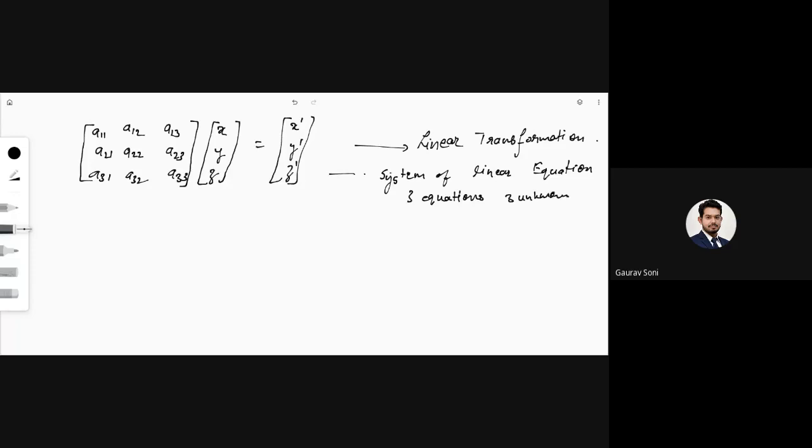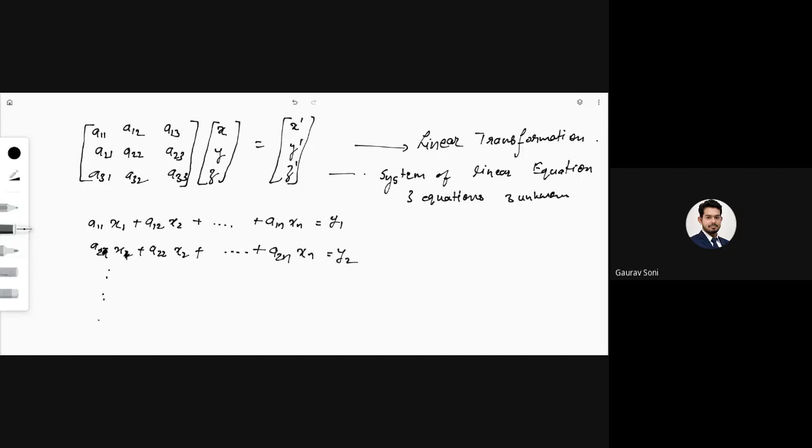So a linear transformation can also be written in the form a11 x1 + a12 x2 up to a1n xn is equal to, on the right hand side, y1. a21 x1 + a22 x2 up to a2n xn is equal to y2.